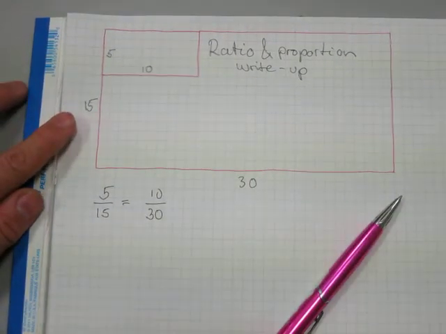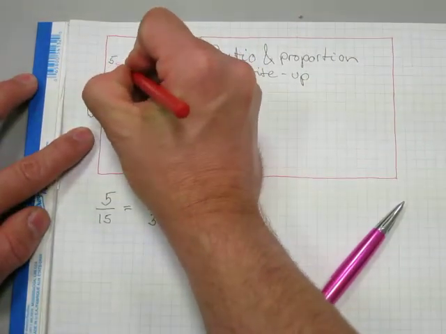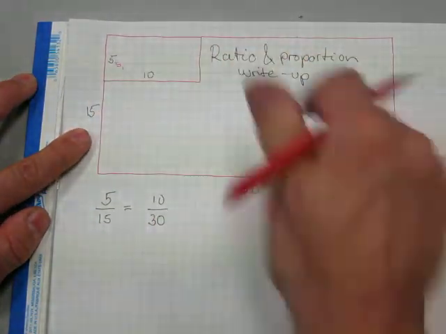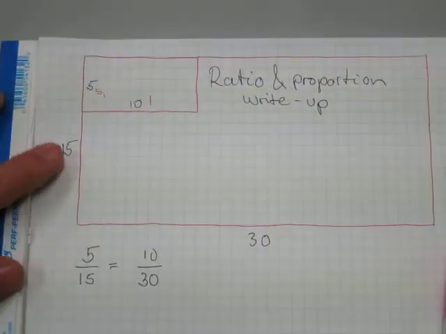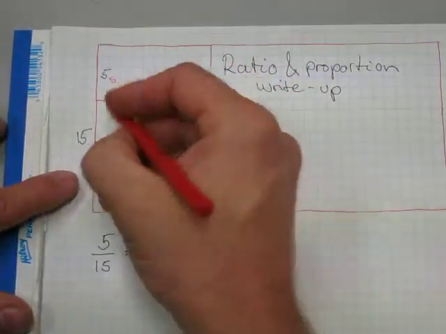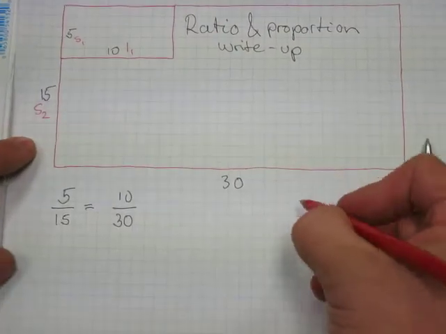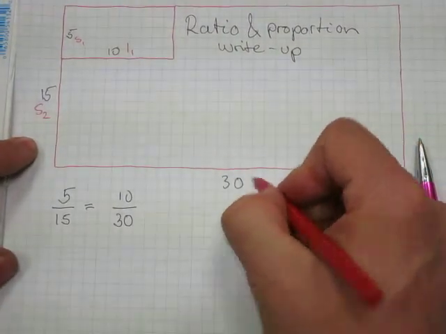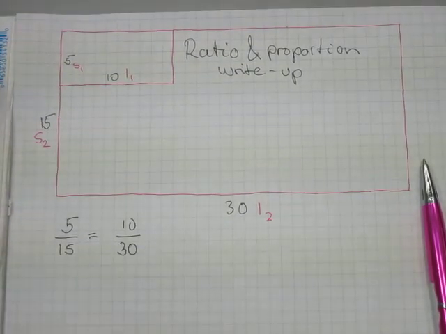Say, to put it in letters, maybe it's more visual. Here is the short side on the first square and the long side for the first square, so that's S1 and L1, and this is the short side on the second square and the long side on the second square, S2 and L2.